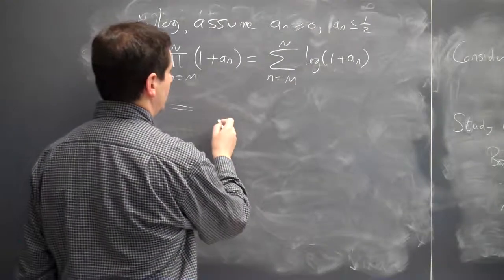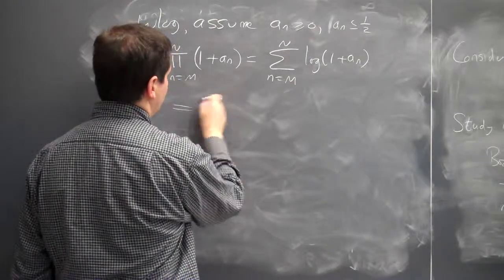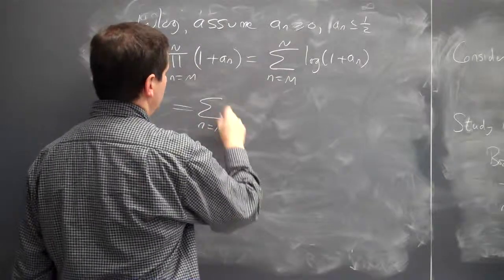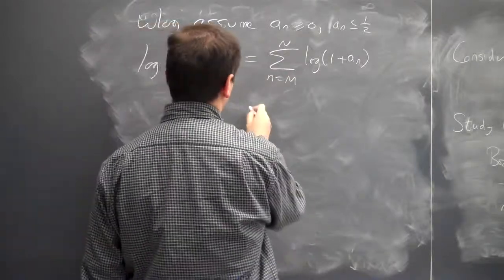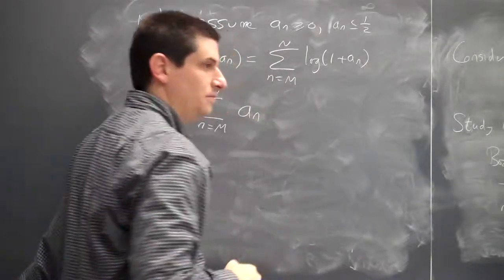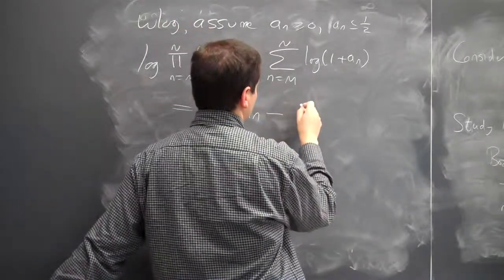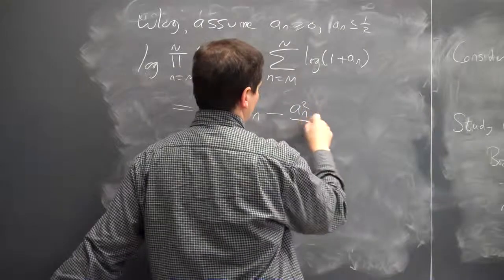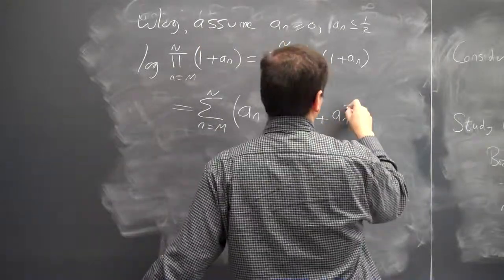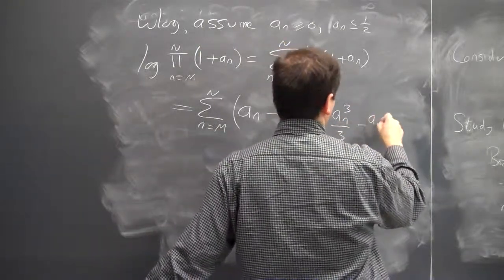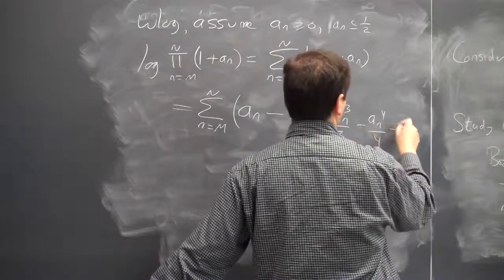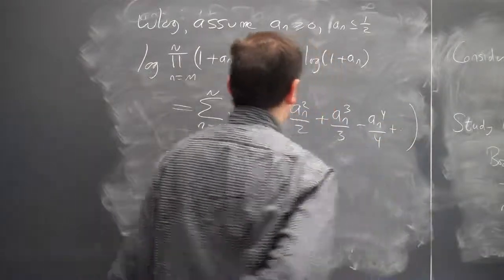So now, what do we have? So we have the sum, and it goes from m to n. We'll now have a_n minus a_n squared over 2 plus a_n cubed over 3 minus a_n to the 4th over 4, yada, yada, yada.